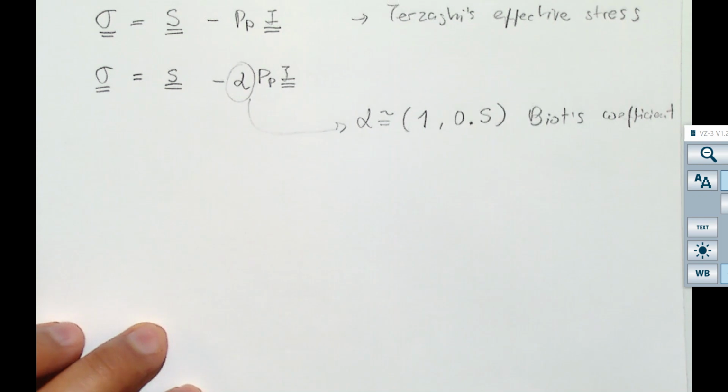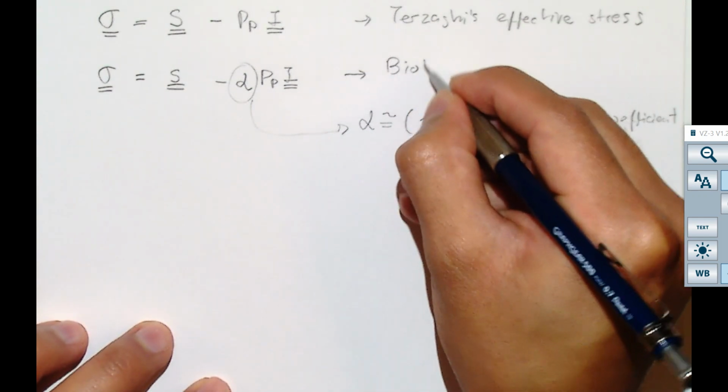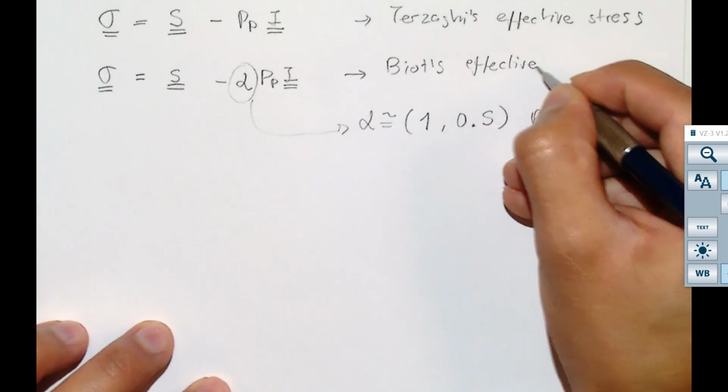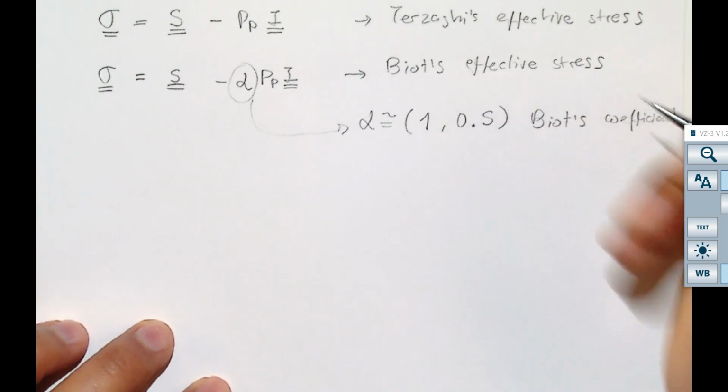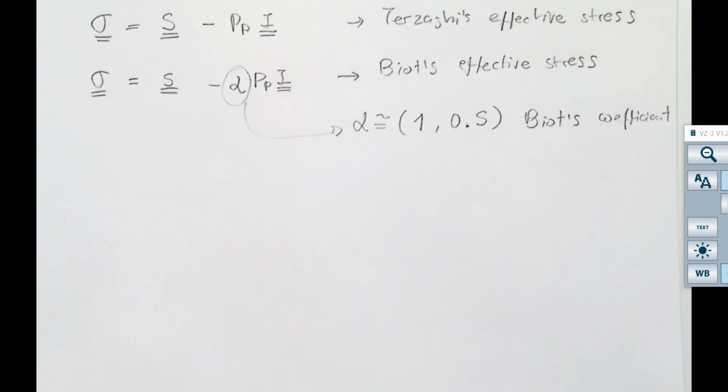And because he came up with this new equation, this is called Biot's effective stress. It's a more accurate definition of effective stress, and this is what we're going to have to use in our equations. So what is the Biot coefficient?